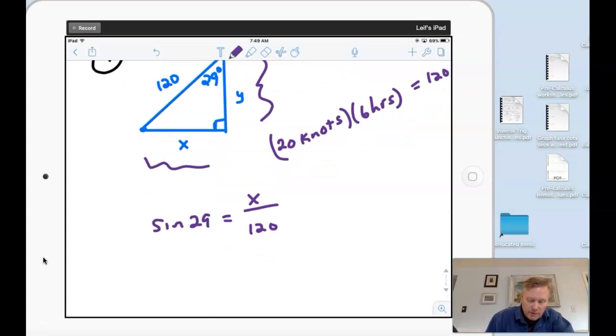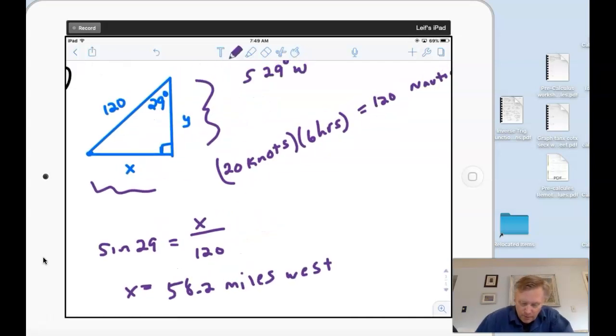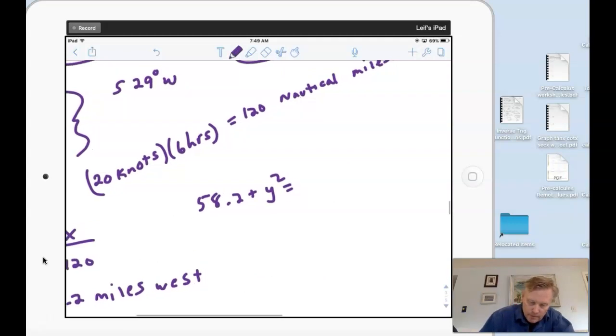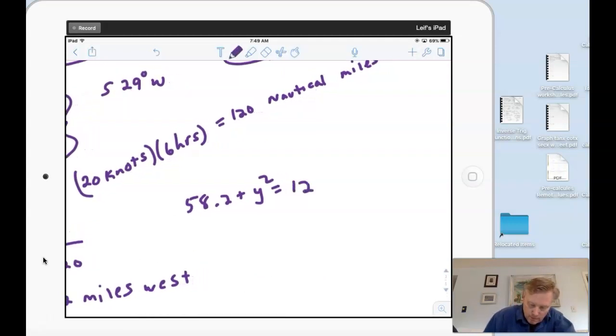So if I solve this, I will get that x will equal 58.2 miles, and that would be west. And then if I did Pythagorean theorem, 58.2 squared plus y squared equals 120 squared, I will find out that y will be 104.9, okay?